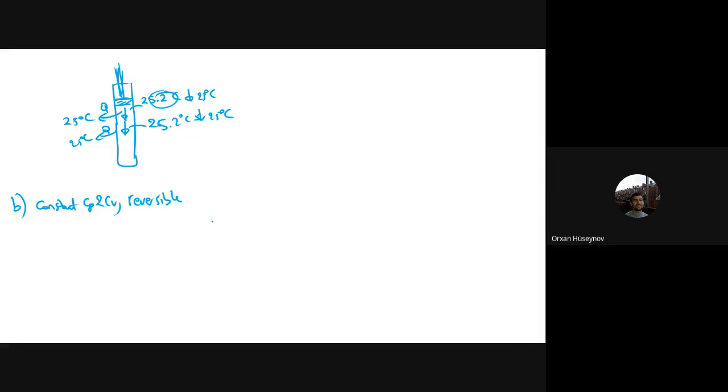Now let me write the given values here so that we can see what's going on. Initial volume V1, let's say, it is 30 centimeters cube, because it is fully extended.